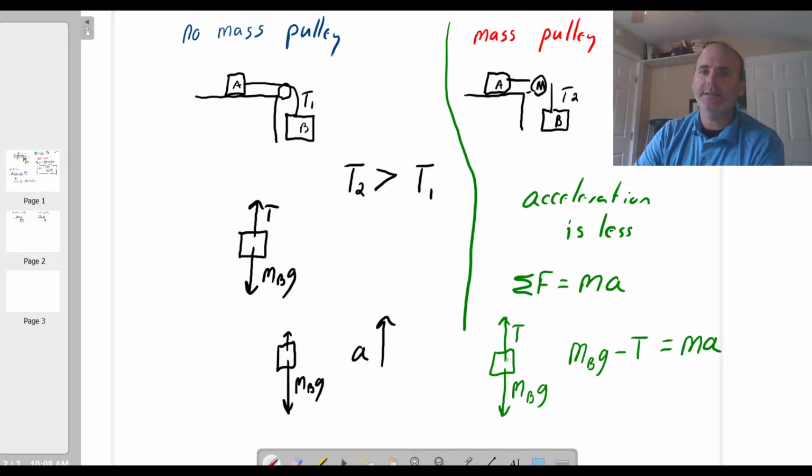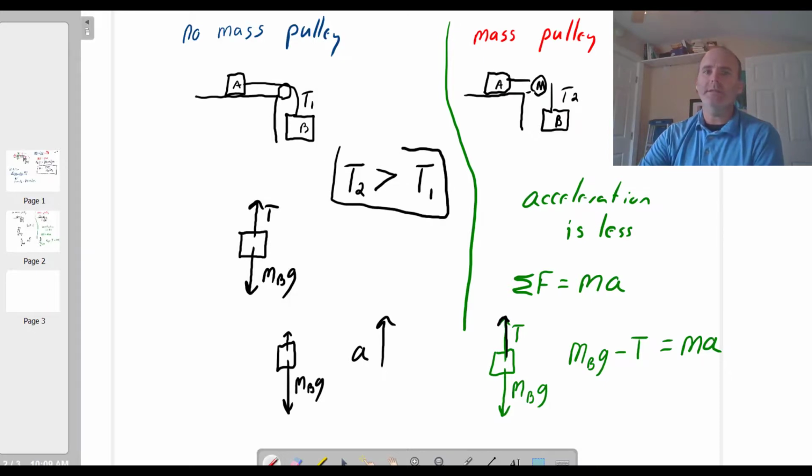But as T gets closer and closer to mBg, we're going to have a slower acceleration. So in this scenario, T2 is greater than this T1. This tension is going to be greater than this tension because the acceleration is less.